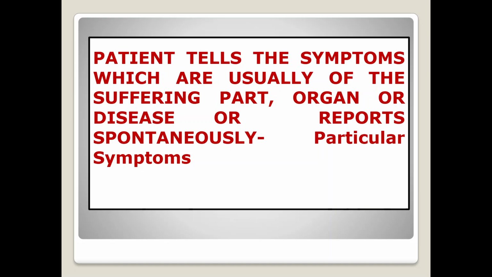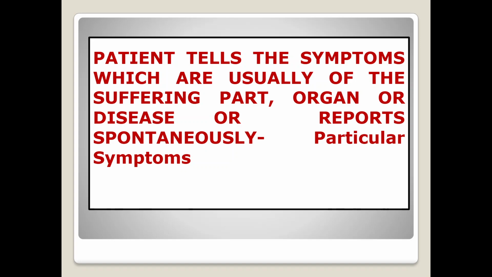Patient tells the symptoms which are usually of the suffering part, organ or disease, or reports spontaneously. These are considered as particular symptoms. So now we will see the basic types of symptoms.